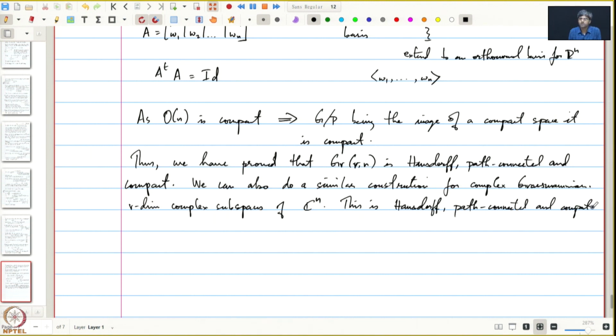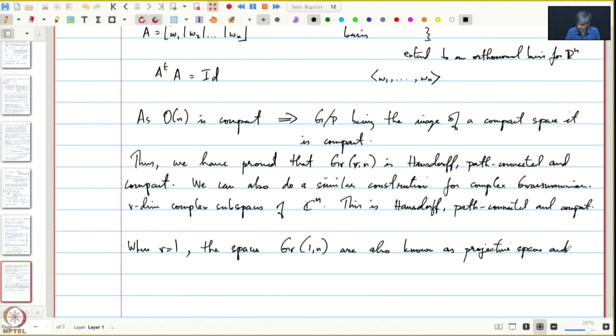Before I end, let me just mention that when r is equal to 1, the spaces Grassmannian 1 comma n are also known as projective spaces and denoted PnR or PnC.